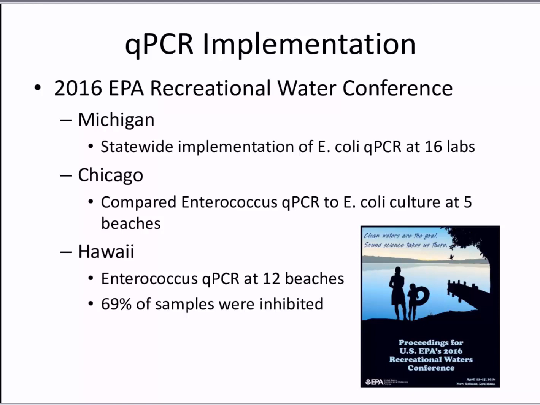EPA does have a protocol for how to deal with inhibited samples, and when they applied that protocol to see if it got rid of the inhibition, still 60% of those samples showed inhibition. So this slide kind of shows that if you're going to try to implement it, you really need to understand your watershed, because the molecular methods are probably not going to work in all areas.